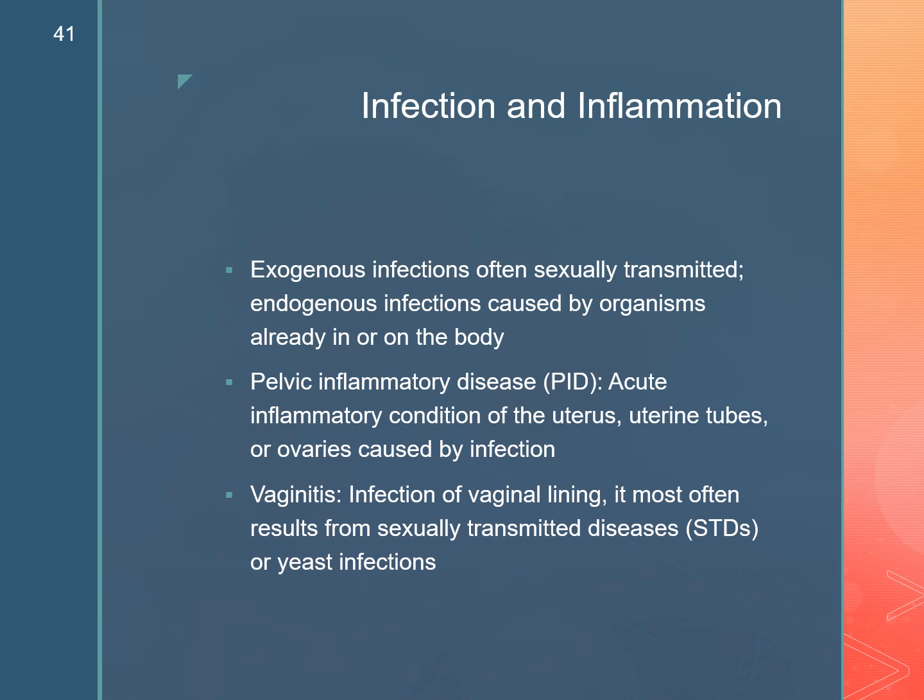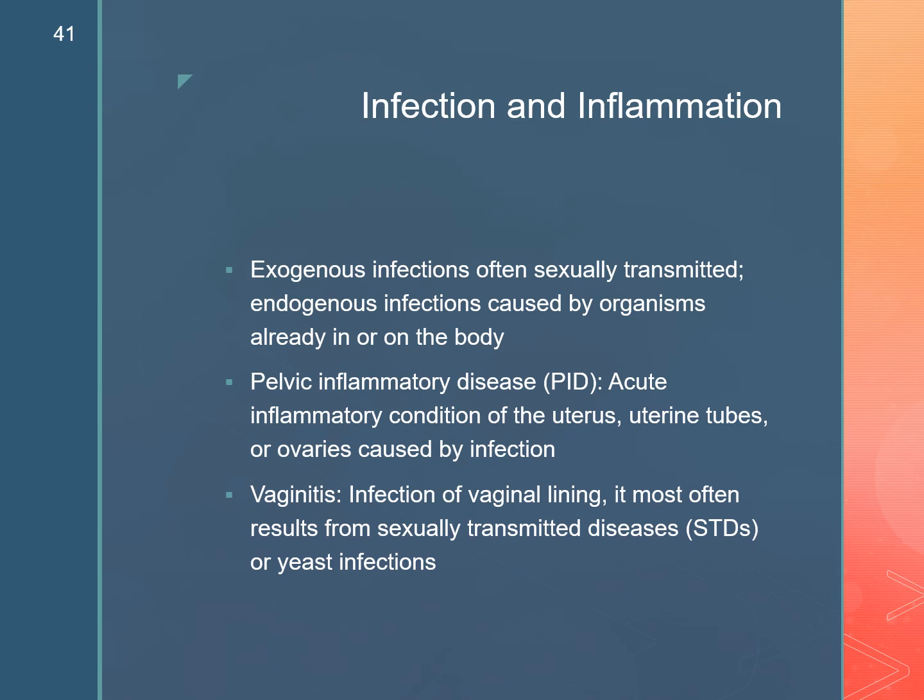And then vaginitis is another type of inflammation or infection that can occur due to something going on with the vaginal lining. Again, it's most often a result of some form of sexually transmitted disease or possibly from a yeast infection.